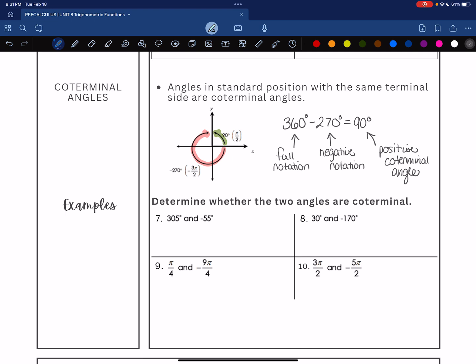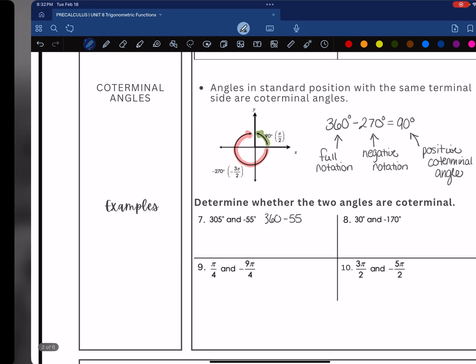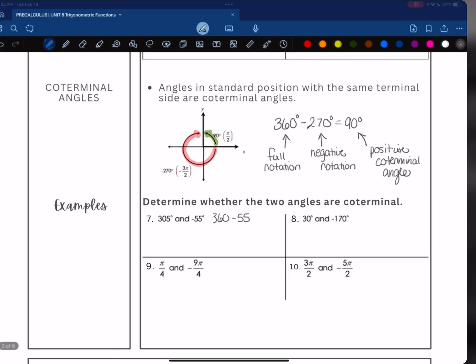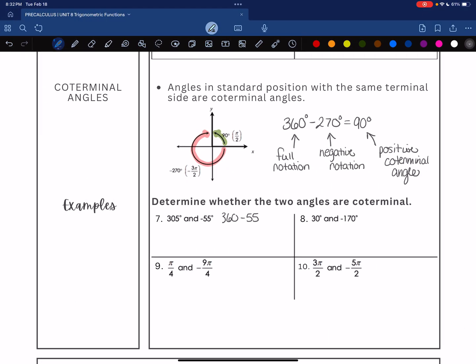All right, so let's see. Down here, if we have 360 and we take away that negative angle, what is the difference there? What is 360 minus 55? That is 305. And 305 is the other angle that we had. So yep, those two are coterminal with one another.